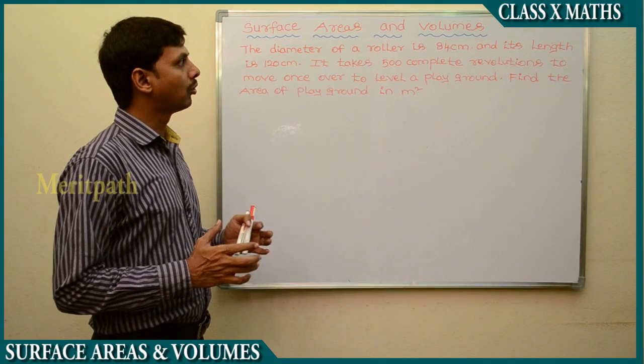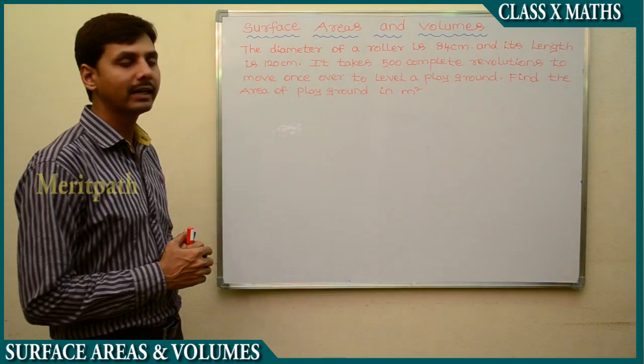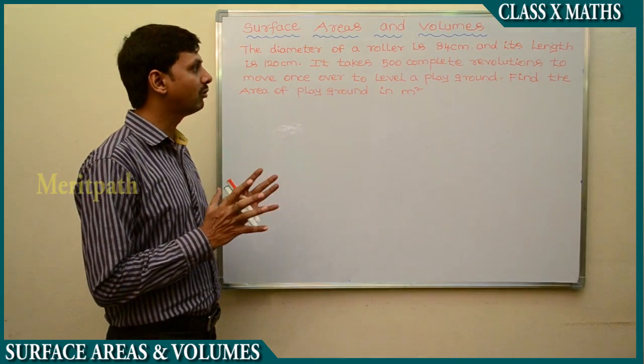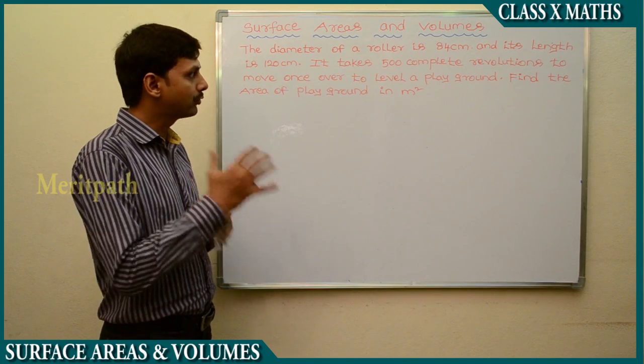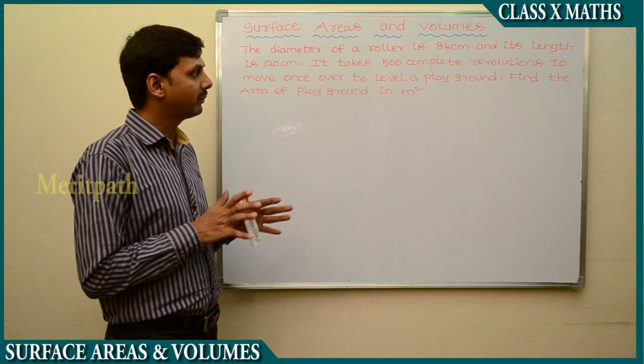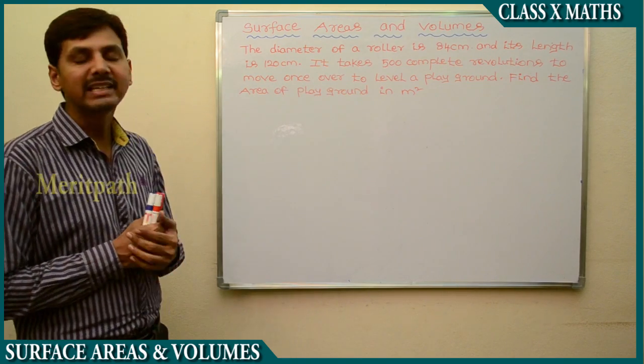The diameter of a road roller is 84 centimeters and its length is 120 centimeters. If it takes 500 complete revolutions to move once over to level a playground, find the area of the playground in meters square.